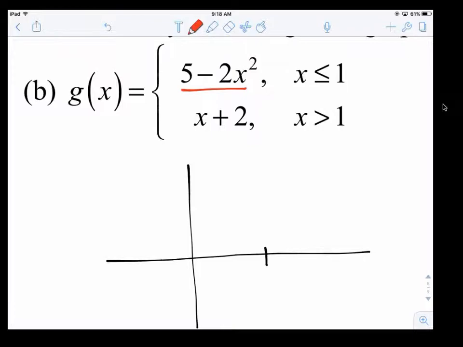If I plug in 1 from the function on the left, I'm going to get +3, right? So that's a closed circle there at 3. If I plug in 0, I'm going to get 5. And this is a quadratic. Leading coefficient is negative, so it's going to go kind of upside down.